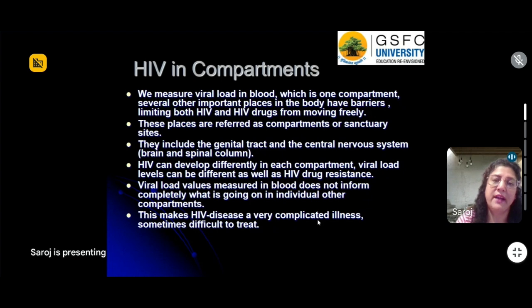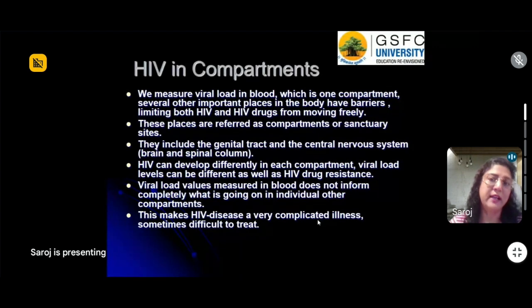So as I said, viral load can be assessed by the CD4 cell count, or you can also calculate the viral load by checking the copies of the viral RNA inside the system. In addition, when you are checking the viral load and CD4 count or mRNA, you are checking it only in the blood system.